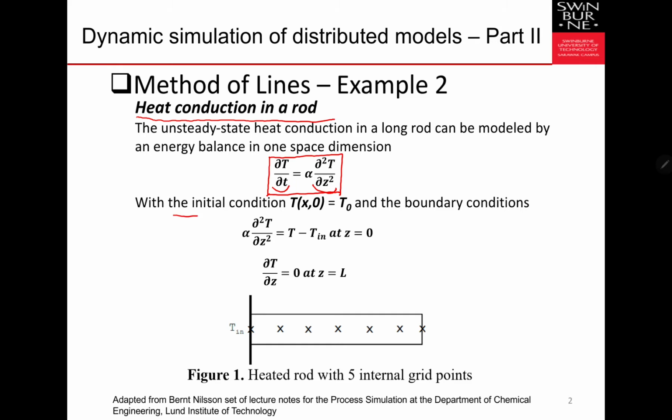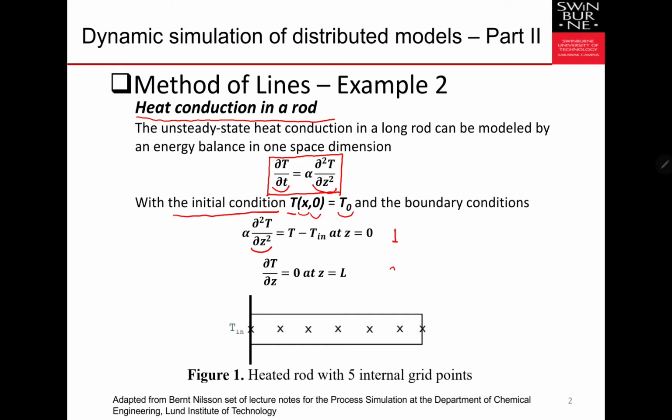We have the initial condition: at all positions at time equals 0, the temperature will be equal to T naught, and the two boundary conditions. The first boundary condition is called the Robin boundary condition, where a given linear relation between the value and the derivative at the boundary is given.